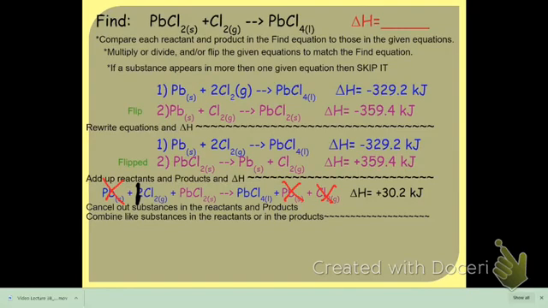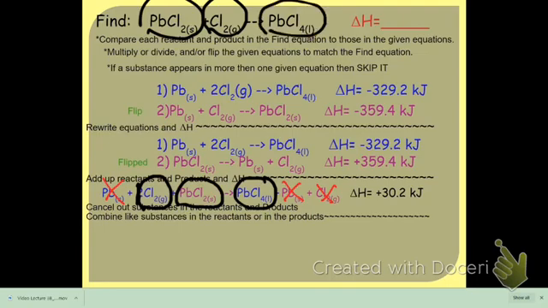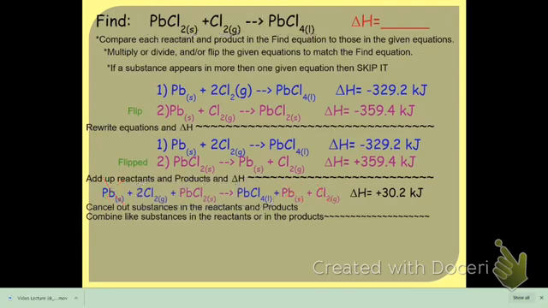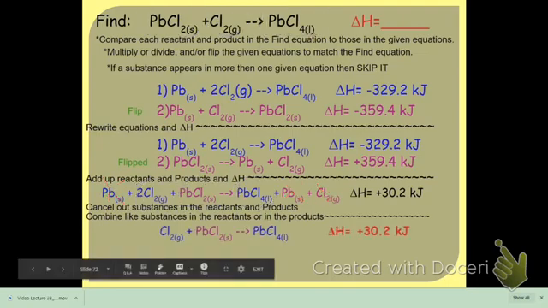I'm going to have the PbCl2 solid, which we have here, the Cl2 gas, but only one of them, which works. Those are all on my reactant side. And then the PbCl4 liquid, which we have here. Okay, so when we bring it down, we have exactly what it looks like at the top.